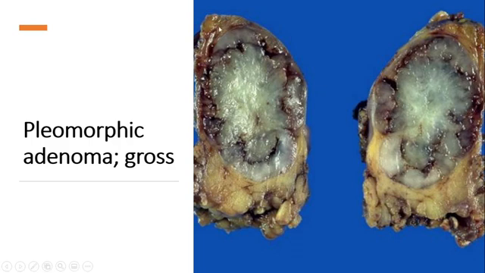Again, solid and glassy, even with mature cartilage formation, can be seen in the cut section of pleomorphic adenoma.